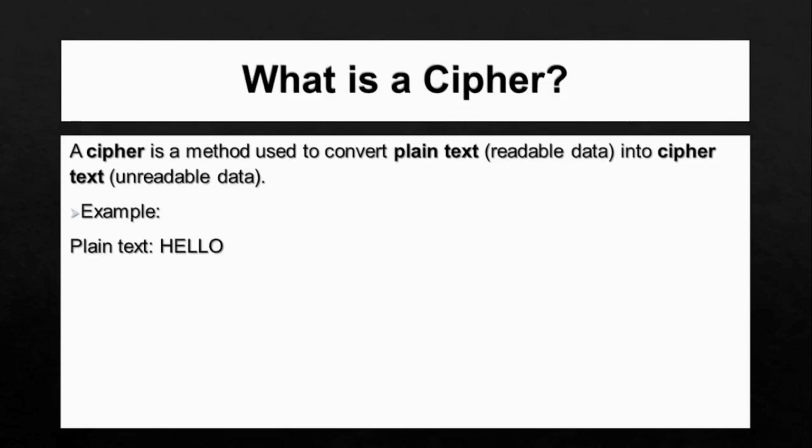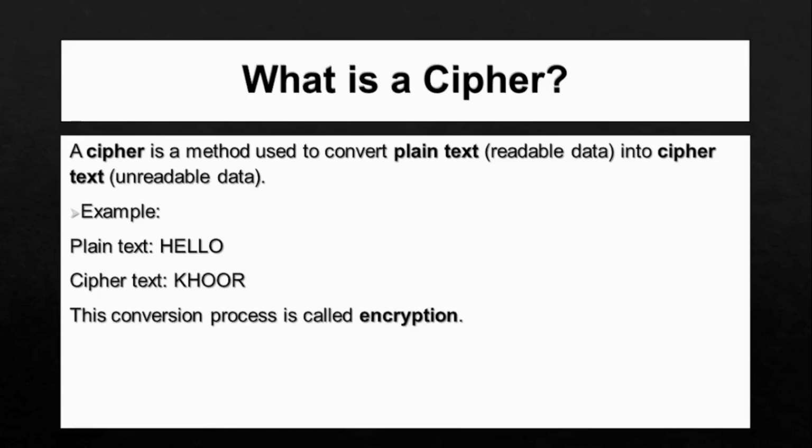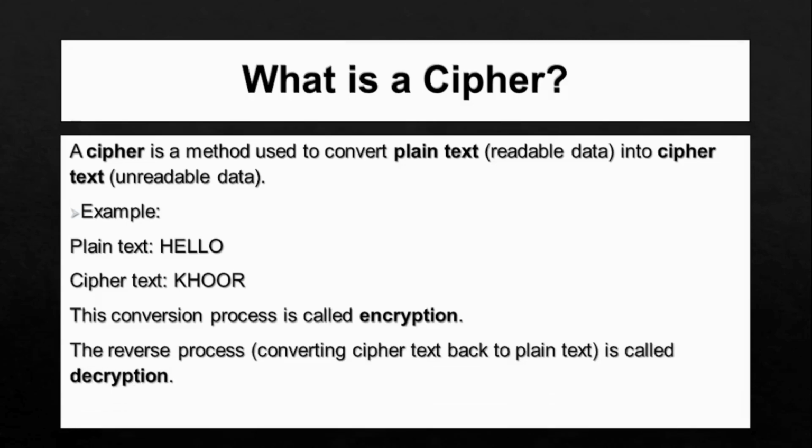For example, if the plain text is hello, then the cipher text is an unreadable form of hello. This conversion process is the encryption process, and the reverse of this process is called decryption.